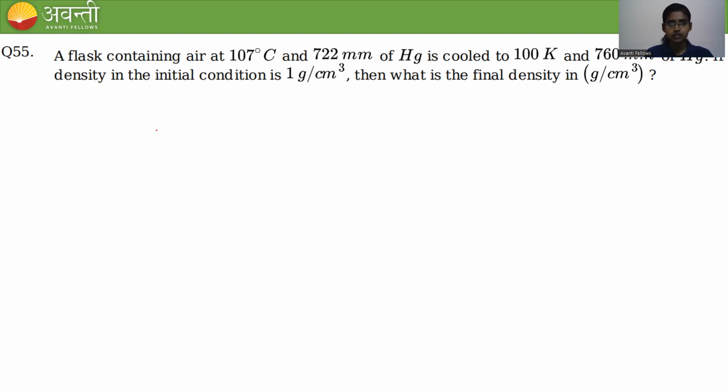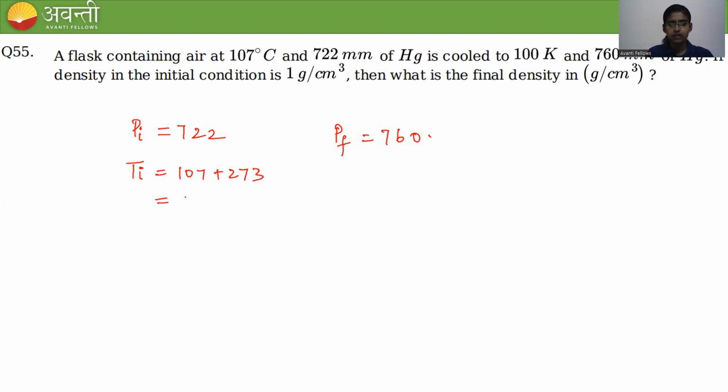Okay, so we have to take the given values first. What is the initial pressure? Initial pressure is 722 mm of mercury. And what is the final pressure? It is equal to 760 mm of mercury. And what is the initial temperature? It is 107 degrees Celsius. Convert this to Kelvin so that you can substitute directly.